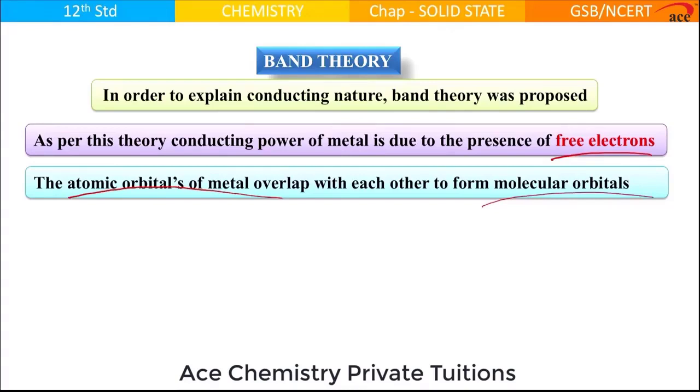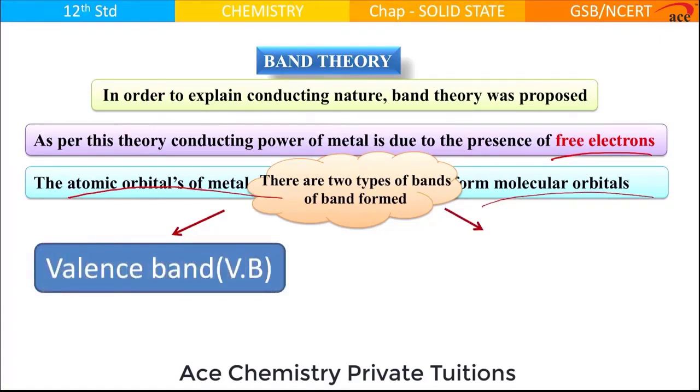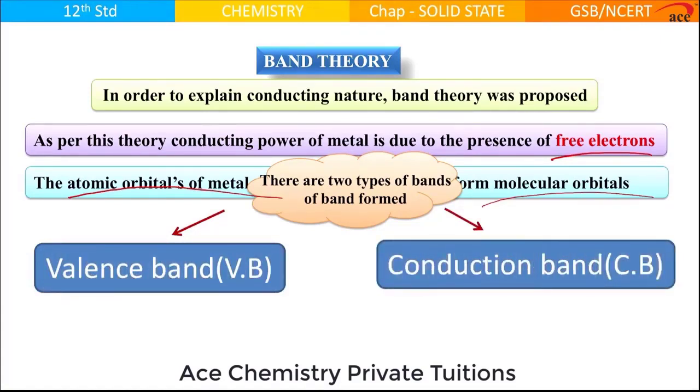So, according to this band theory, which is actually hypothetical, a theory proposed by us to understand conductivity, the assumption is atomic orbitals come together to become molecular orbitals, and many molecular orbitals of various atoms or clusters of atoms give rise to a band. This band, which is a cluster of molecular orbitals of various atoms, is of two types. One is the valence band and the other is the conduction band.